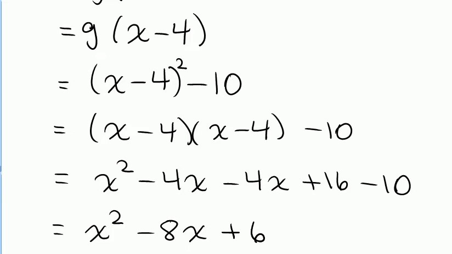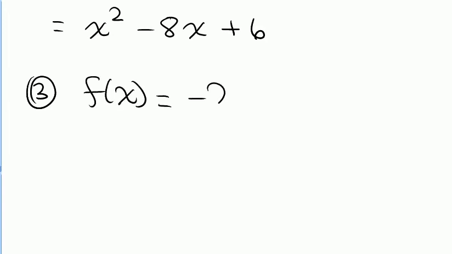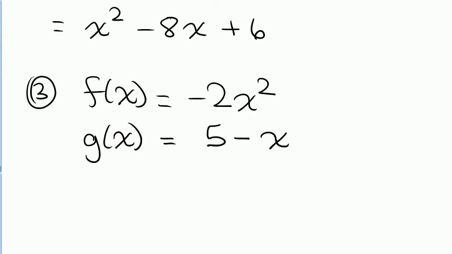One more set of examples. f of x is going to equal negative 2x squared. g of x will equal 5 minus x. So as always, we're starting with f of g of x.